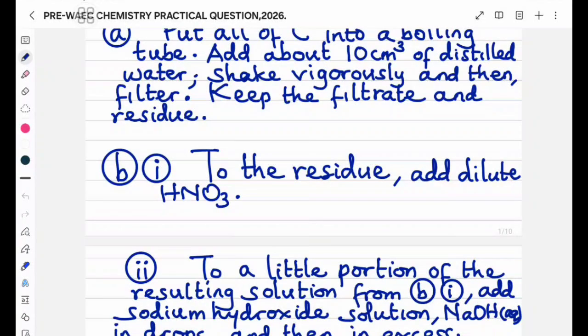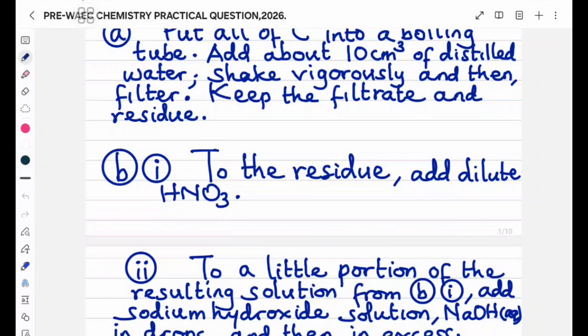If a white solid dissolves in water, what you should have as the filtrate is colorless. If a white solid substance dissolves in water, the solution should be colorless. But if it is colored, then there will be a color attached to that solution.